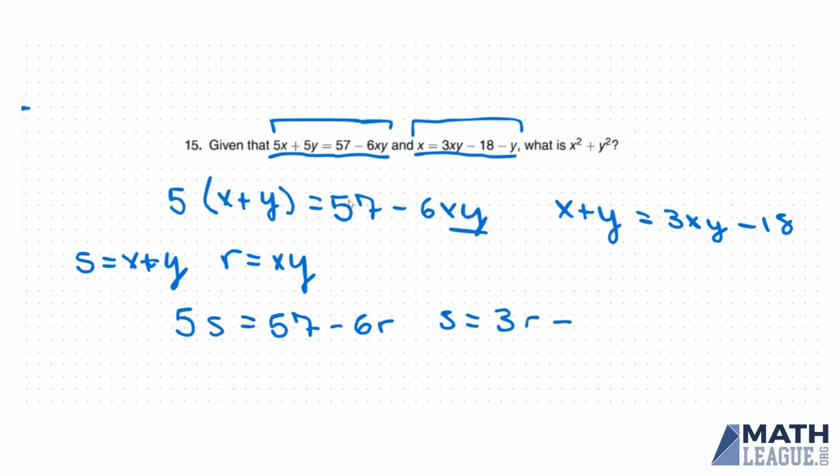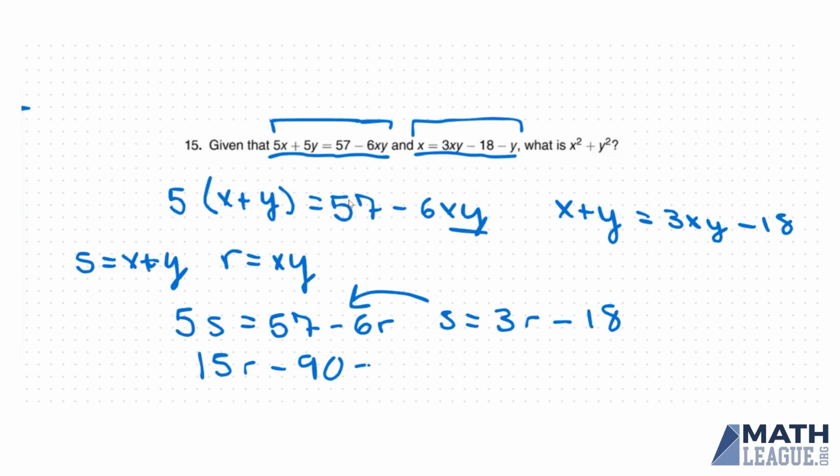and s is equal to 3r minus 18. Then we can substitute this equation in for that one and solve for r. We're going to get 15r minus 90, since 5 times 18 is 90, if I did that right. Yeah.